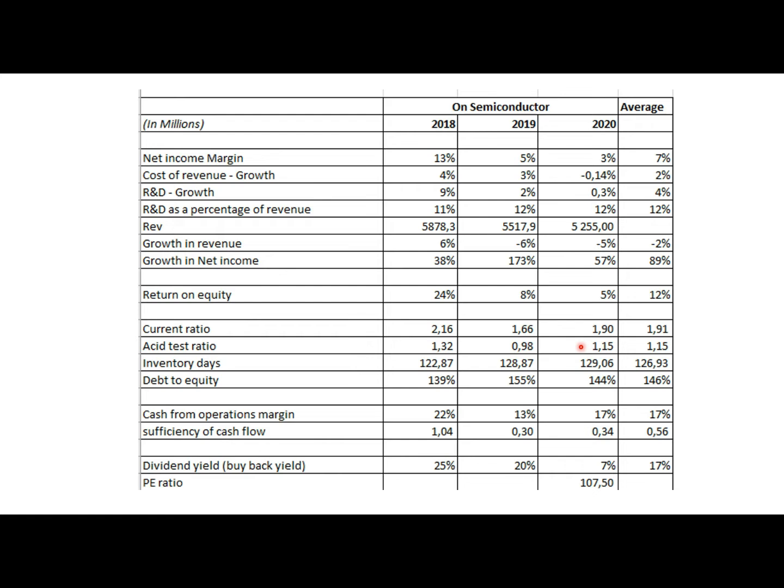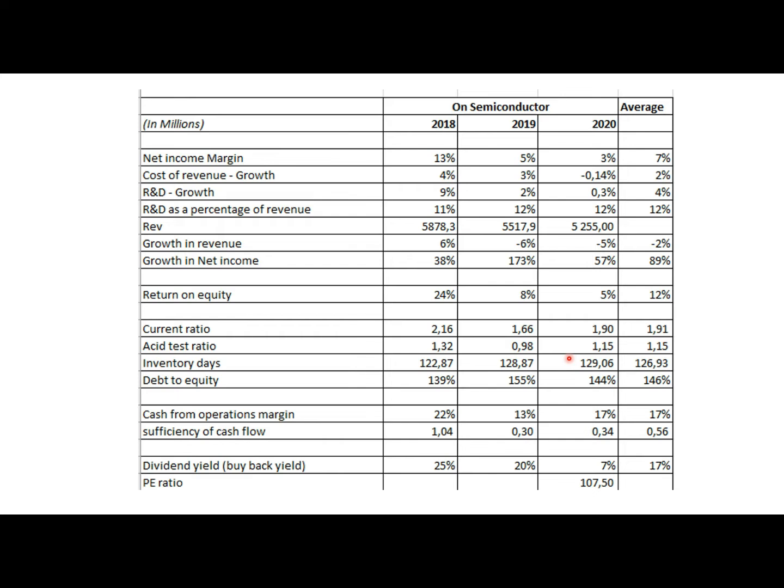It makes the balance sheet very risky from a liquidity point of view, read together with the fact that it holds stock for far longer than it needs to.